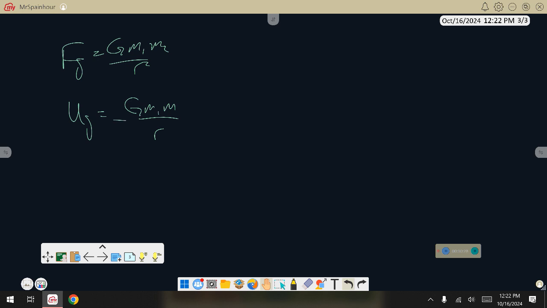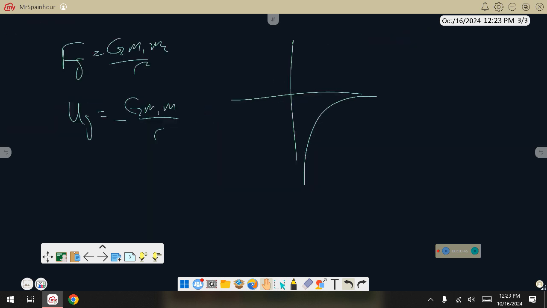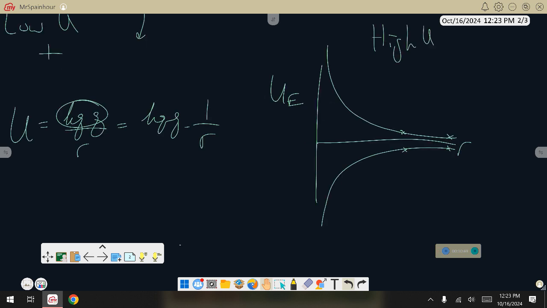Okay? AKA, for gravity, it looks like that exact same graph that we talked about a minute ago. Why? What's similar between gravity and this guy right here? Why does the bottom part look the same as gravity? Because the farther you get away, there's not going to be a force in a long time. That is true.